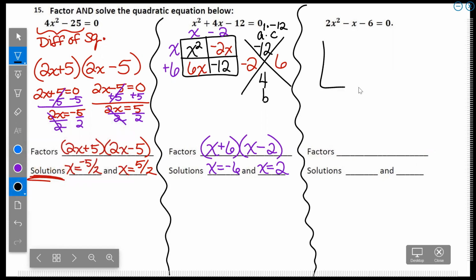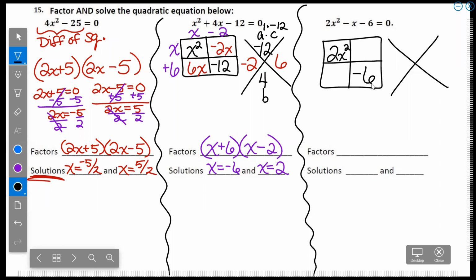Then we come over here, 3 terms again, so box and an x. 2x squared, negative 6. A times c, so 2 times negative 6. What is 2 times negative 6? Negative 12. It has to multiply to give me negative 12, but add to what?